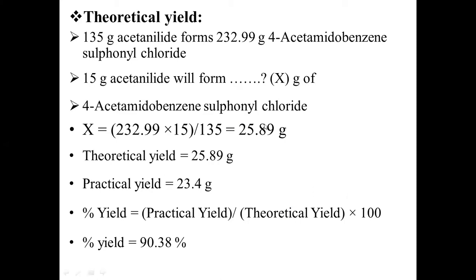135 gram of acetanilide forms 232.99 gram of 4-acetamido-benzene sulfonyl chloride. We started with 15 grams of acetanilide, so how many grams of 4-acetamido-benzene sulfonyl chloride will form? The theoretical yield is 25.89 gram of 4-acetamido-benzene sulfonyl chloride on a molar basis, on the basis of molecular weight.